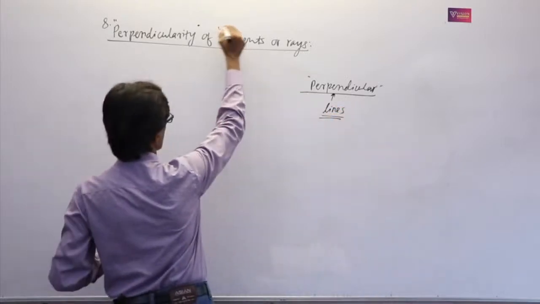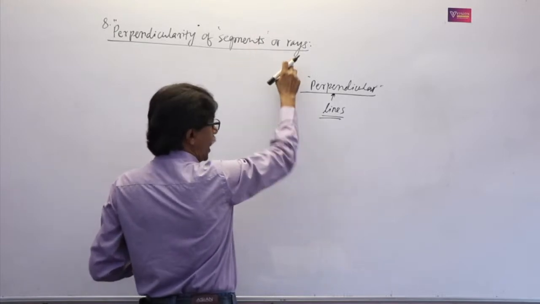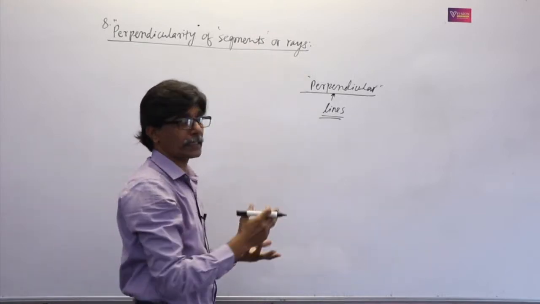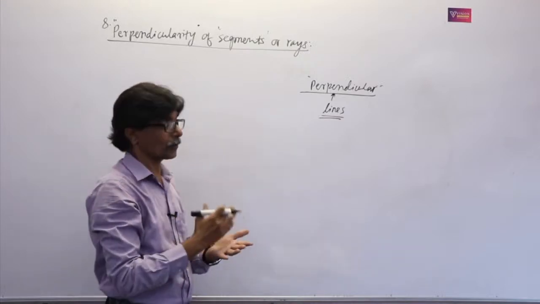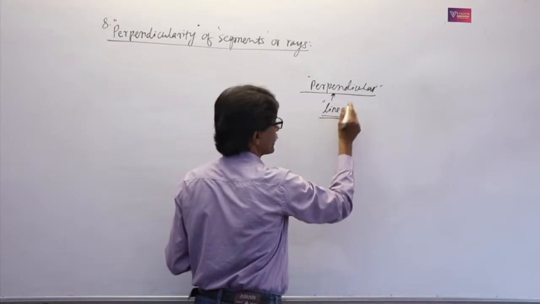We are going to study the perpendicularity of segments and rays, how the segments are perpendicular, how the rays are perpendicular, that is a part of study today. But already we should know what perpendicular lines are.